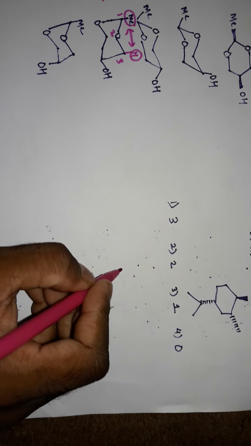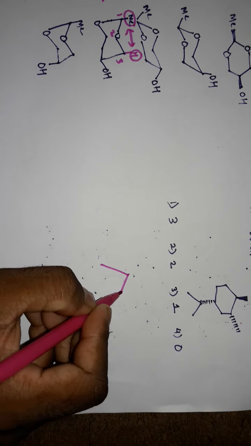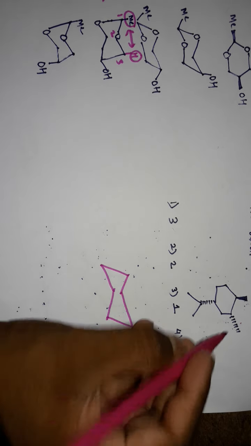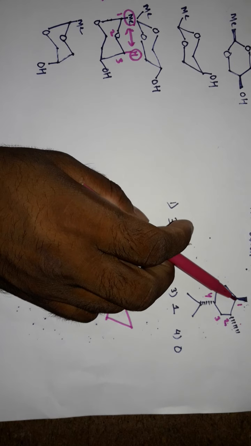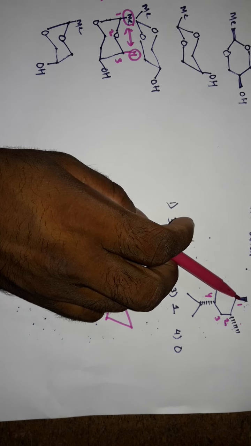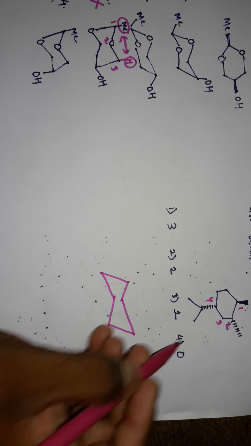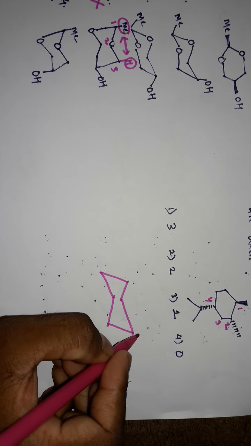So let us draw the chair conformation of this molecule. This is cyclohexane, so let us draw this chair form. Let us number it: this is first, this is second, this is third, and this is fourth. Now at the first position, the methyl group is above the plane, so we need to put it above the plane.